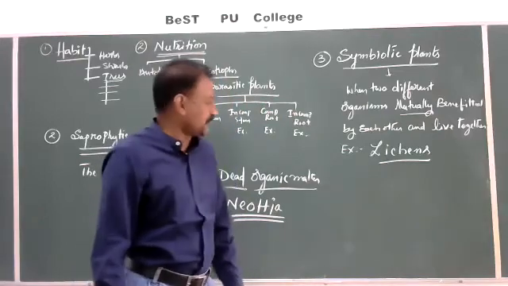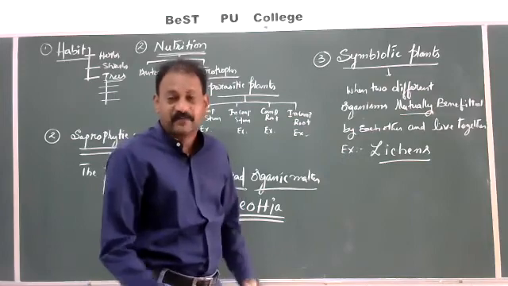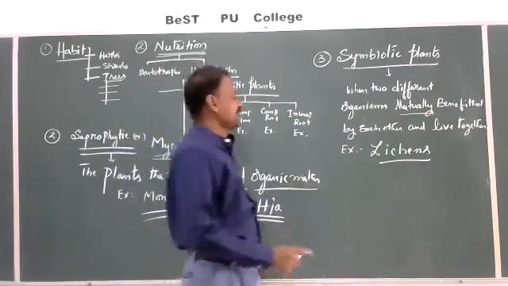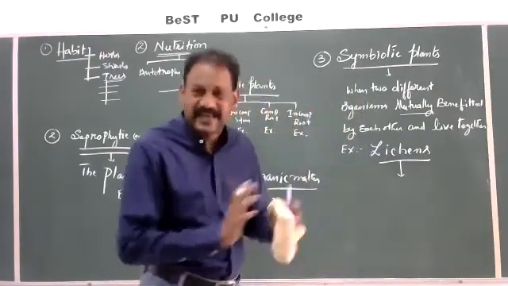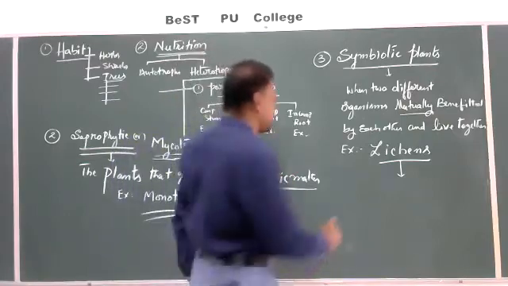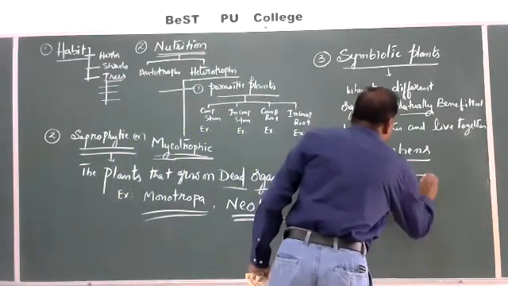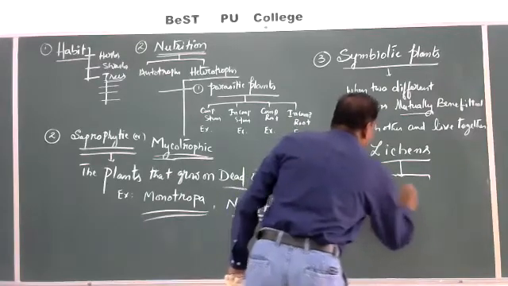Lichens. You might have studied in your schools up to 10th standard, somewhere else in biology. A lichen looks like a single organism, but it is not a single organism. It is made up of two different organisms. The two organisms present in the lichens are algae and fungi.